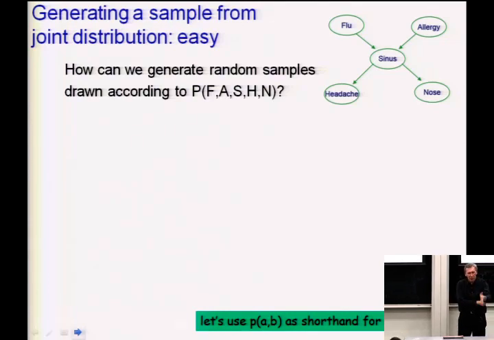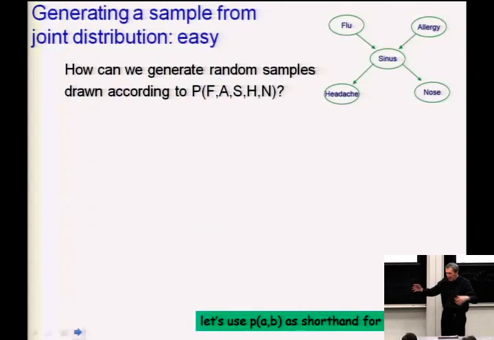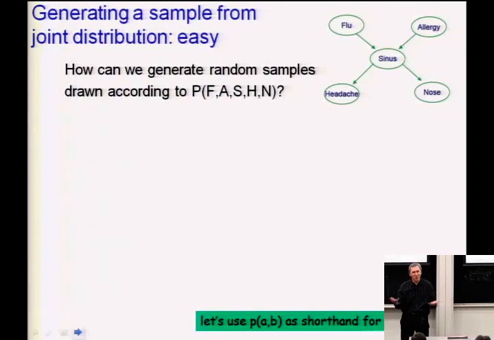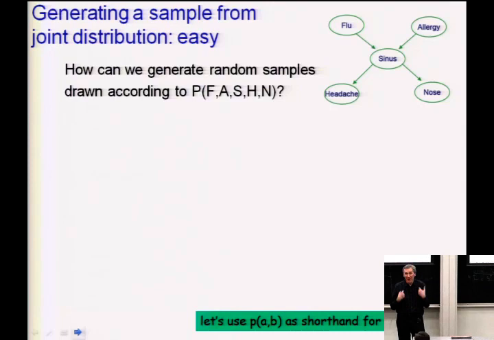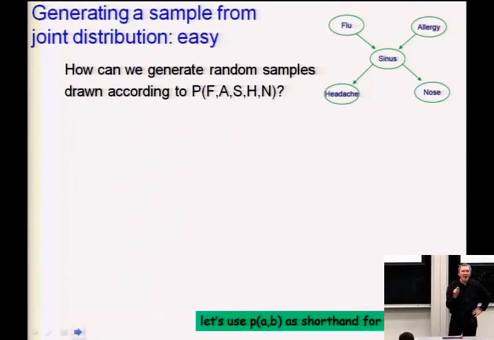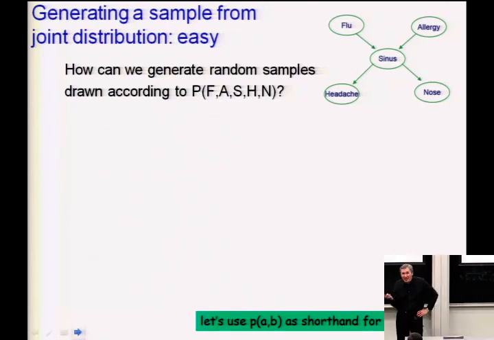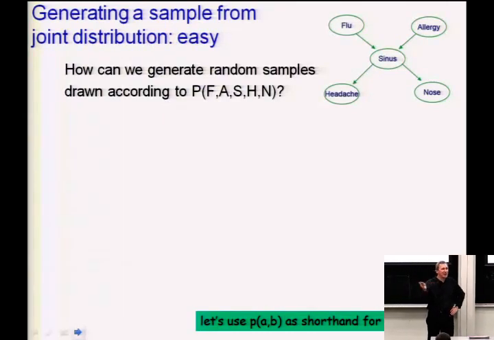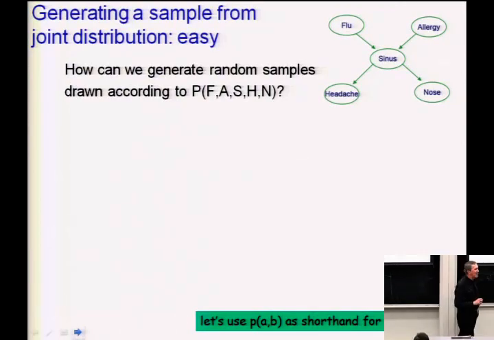And if I do that repeatedly, I'll get a collection of different random joint assignments that mirror the actual joint probability distribution. If I have that, then I can use it as a subroutine to compute pretty much anything I want to know. If I want to know, for example, what's the probability that n equals 1, let me generate 100 of these joint assignments and just count what fraction of those 100 happen to have n equals 1.